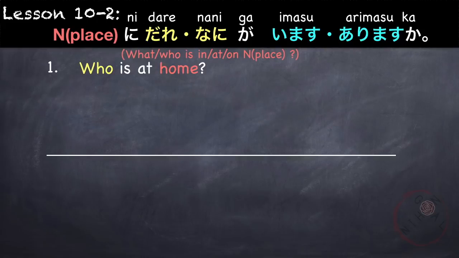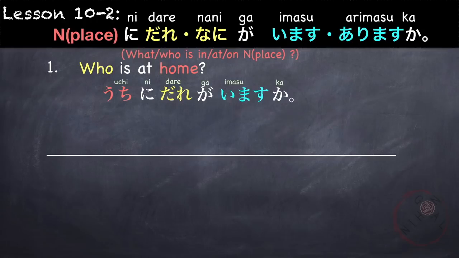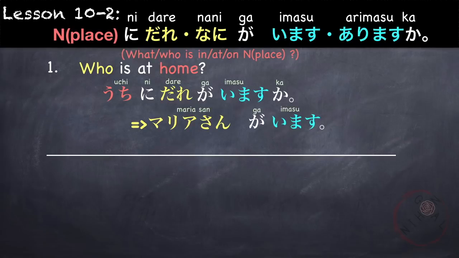For example, who is at home? Uchi ni. Who? Dare ga imasu ka? Uchi ni dare ga imasu ka? If we want to say Maria is at home, we say Maria-san ga imasu or Maria ga imasu.